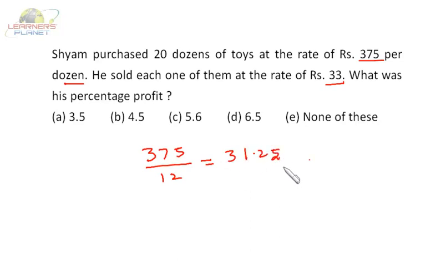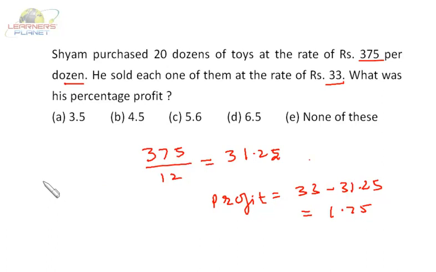Now this is the cost price per piece and this is the selling price per piece. So what is profit? It is selling price minus cost price, that is 1.75. Now we have to find out the profit percentage.